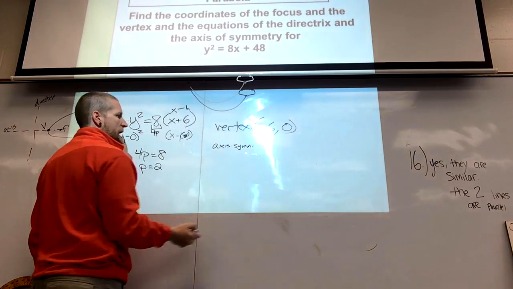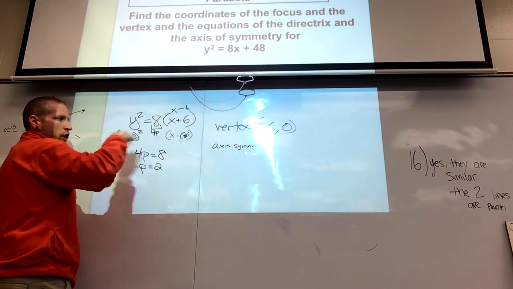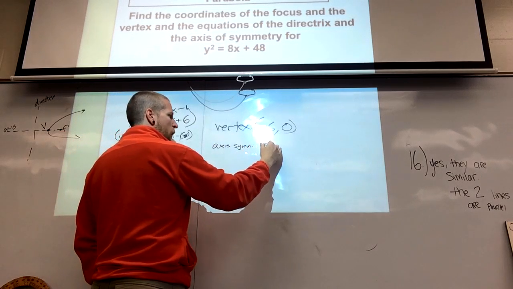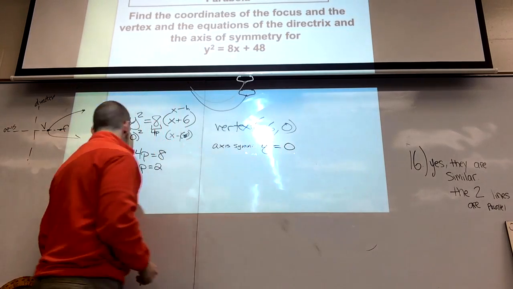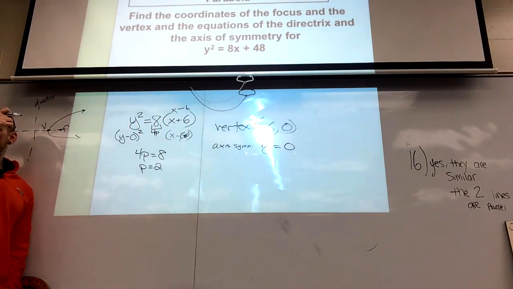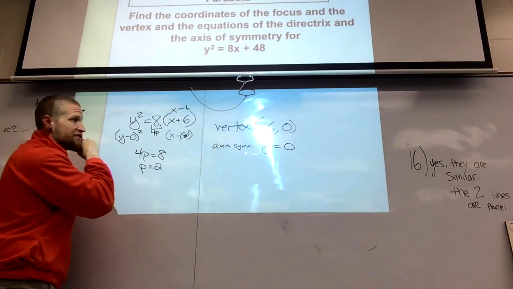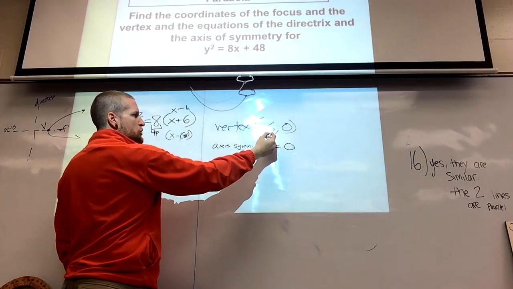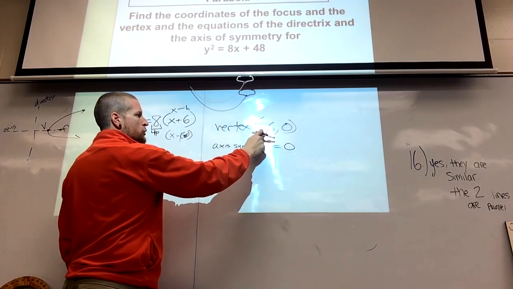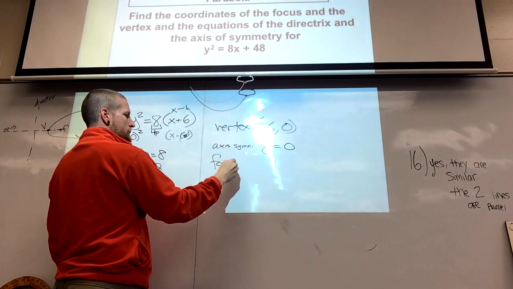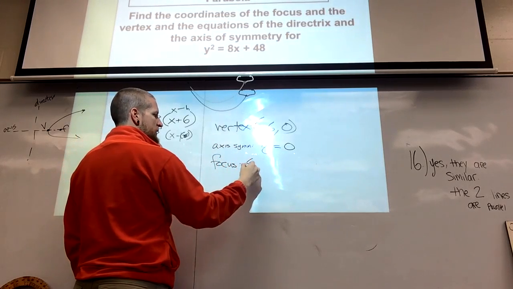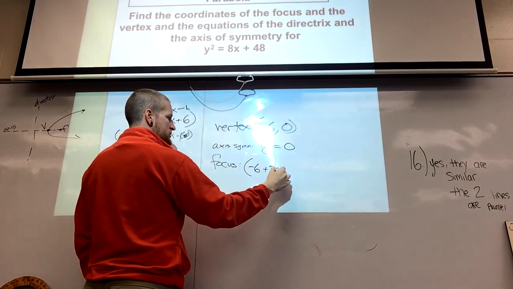Okay? Axis of symmetry now, since it's going horizontally, this should be y equals whatever the y coordinate is. Okay, so y equals 0. All right. Your focus point, now again, since it's opening left or right, your focus point's moving horizontally, so you're adding or subtracting things to your x-coordinate. So my focus point should be -6 plus 2, right?